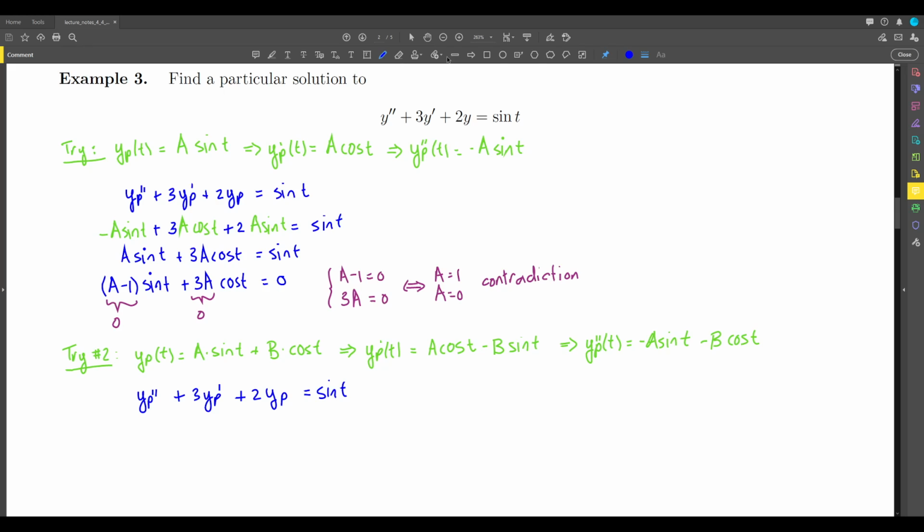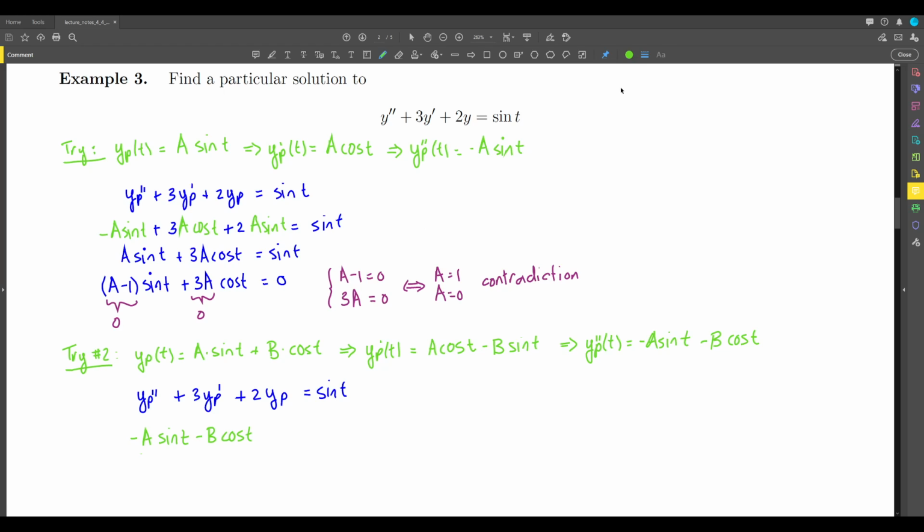And so we start off with our yp double prime, which is our negative a sine of t minus b times cosine of t.